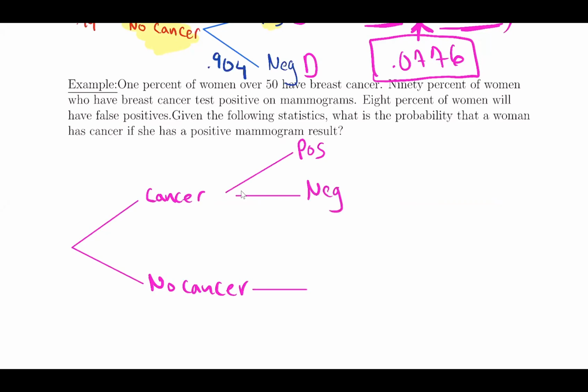Same thing, if they have no cancer, tell me what percent of them tested positive for that test, what percent tested negative for that test. So right now, all I want you to do is just set up that tree diagram. Everybody kind of know what they're doing right now? Cool. And if you have questions, just put a question on the chat and I'll help you out.